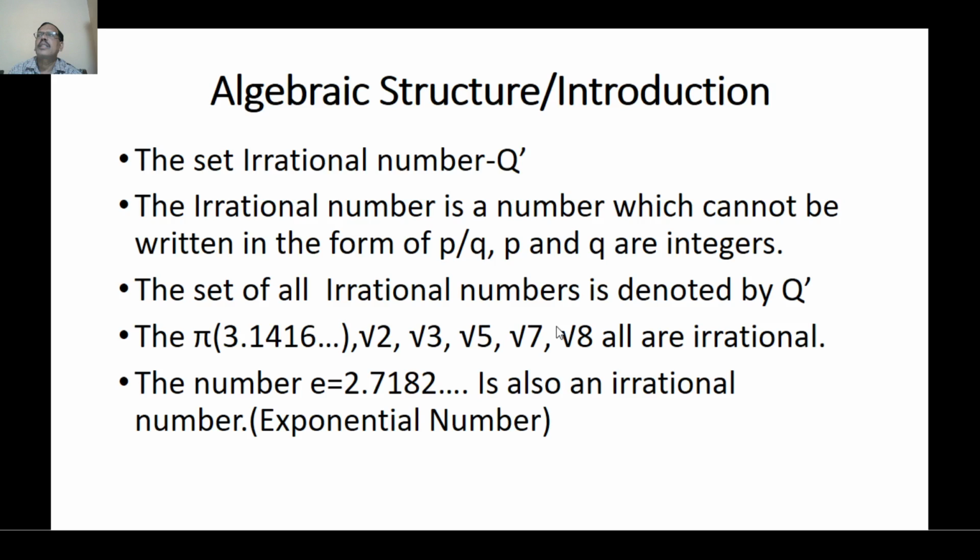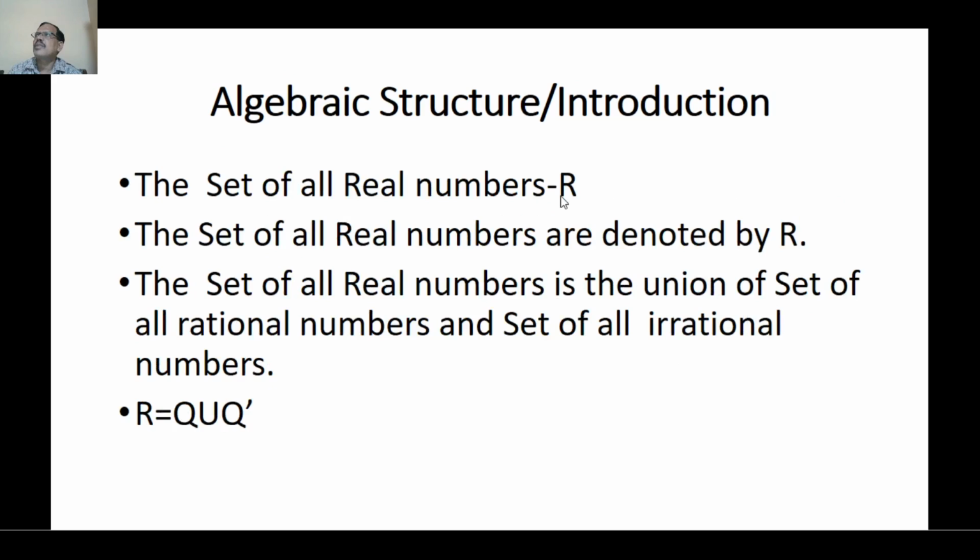The set of all real numbers is denoted by R. This is the union of rational and irrational numbers. So one of the big sets: the set of all rational numbers and the set of all irrational numbers, you take the union, that becomes the real numbers. So real numbers include all rational and irrational numbers.